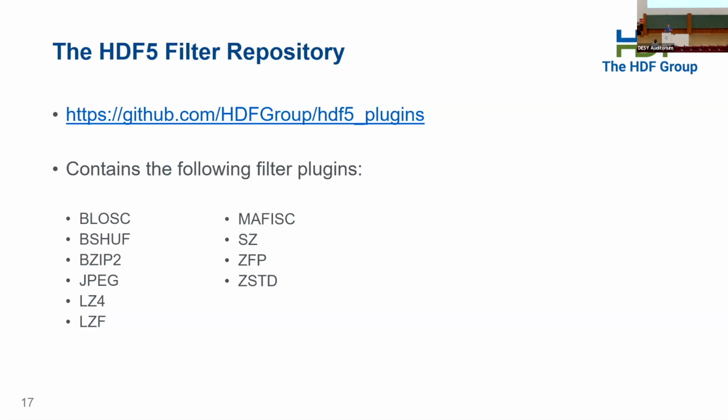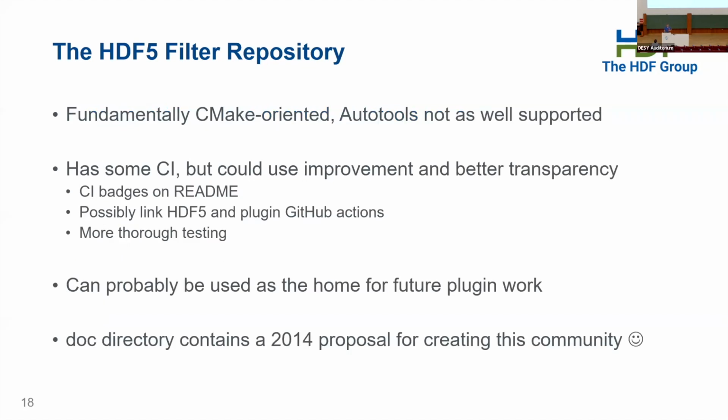We have this repository here, the HDF5 plugins repository that Elena mentioned earlier, that was created as a part of that earlier work. It contains the following filter plugins: BLOSC, bitshuffle, bzip2, JPEG, LZ4, LZF, Mafisc, ZFP, and ZStandard. And it's fundamentally CMake oriented. The autotools are not as well supported.